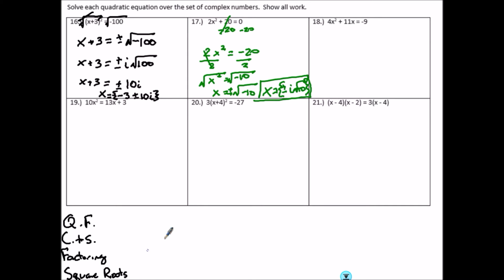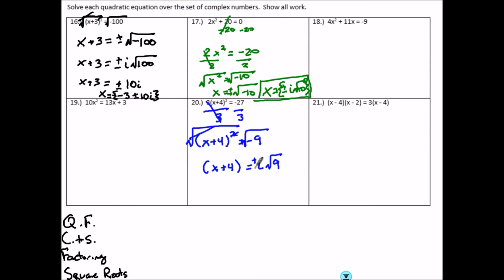For number 20, same process. Start off by dividing by 3, and we're left with (x + 4)² = -9. Square rooting both sides, we're left with x + 4 equal to plus or minus i root 9.